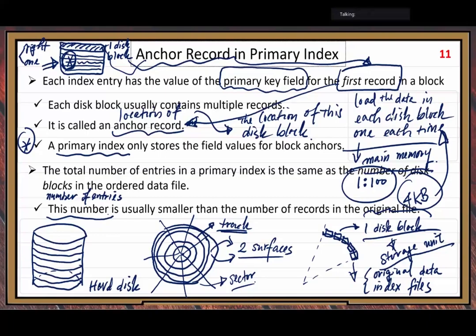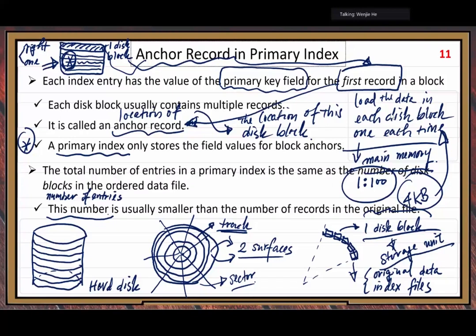If there are 30 stored in each disk block, then this number is 1/30 of the number of records in the original table.